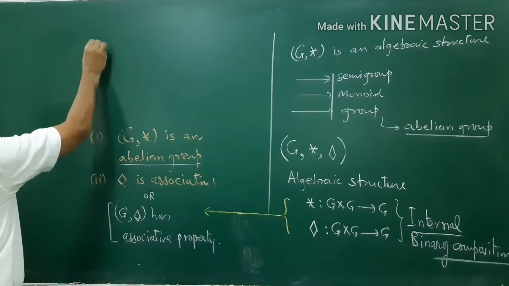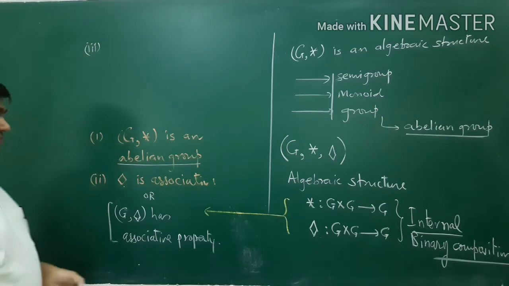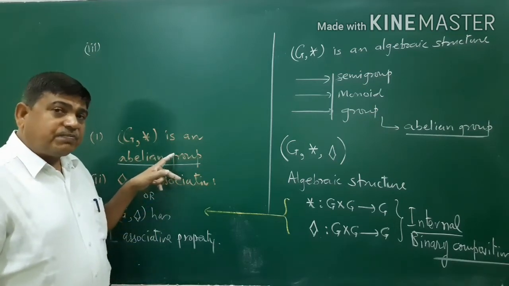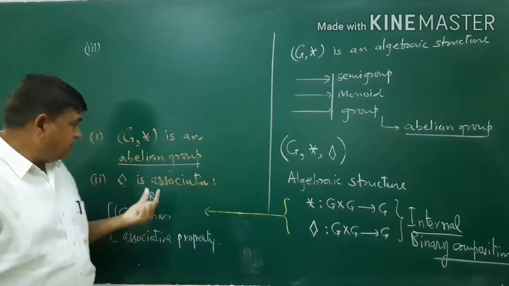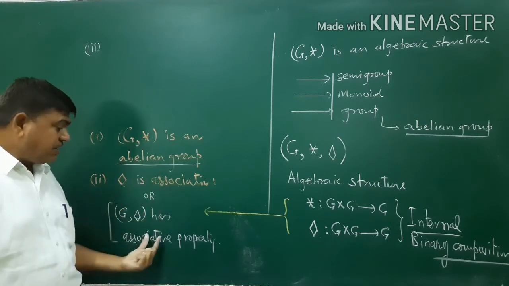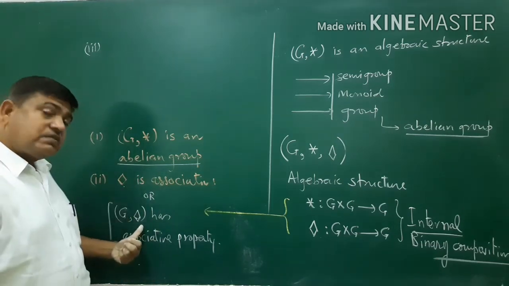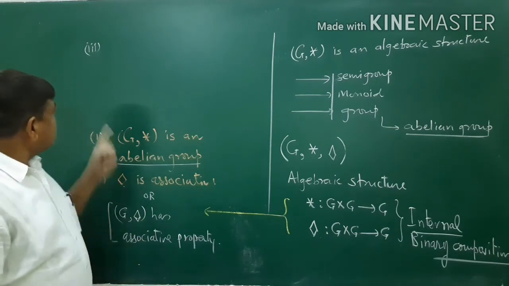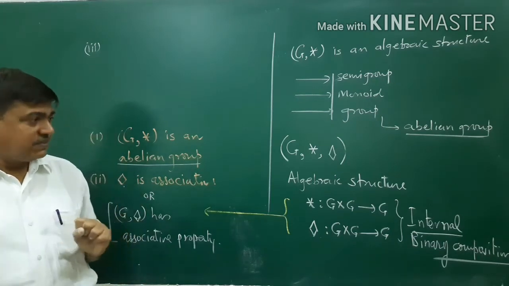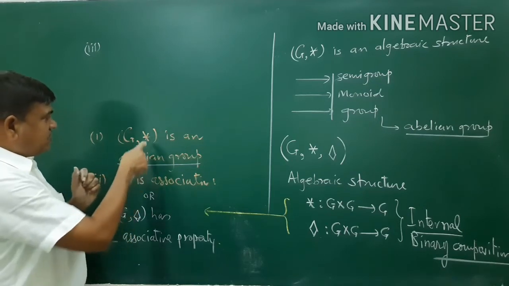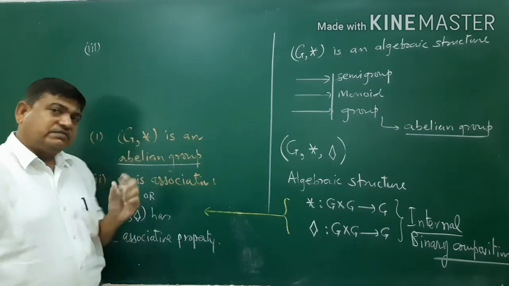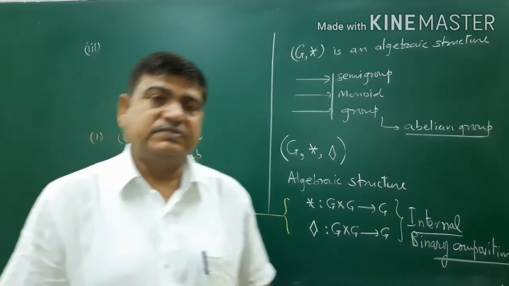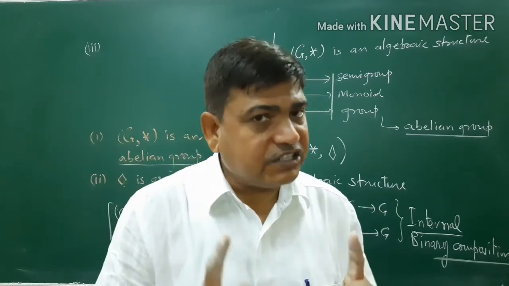Third, how many properties does the first have? Five, due to which it is abelian. How many here? Two: closure and associative property. Third, I write the interconnection between these two binary compositions. That is the distributive property.